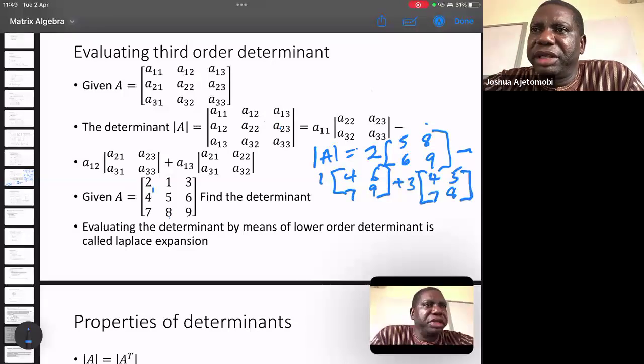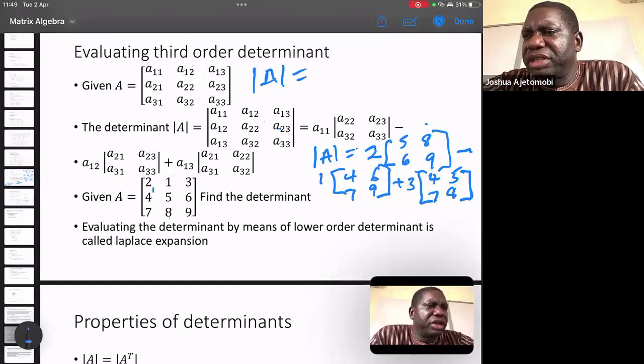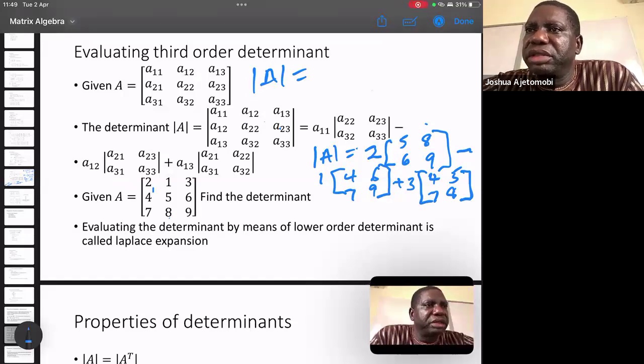So the determinant here will give us 2 into 5 multiplied by 9, that will be 45, minus 6 multiplied by 8, that will give us 48.